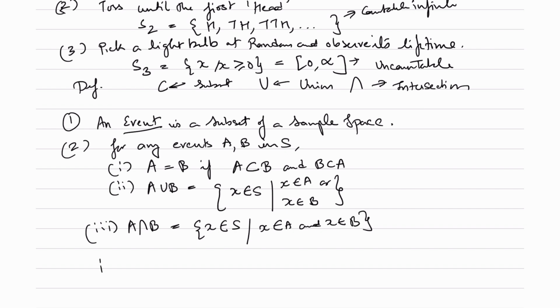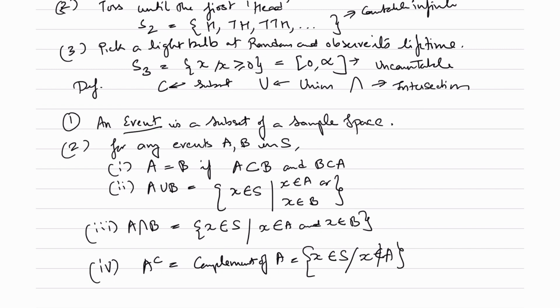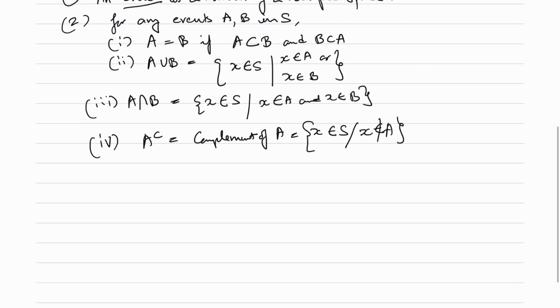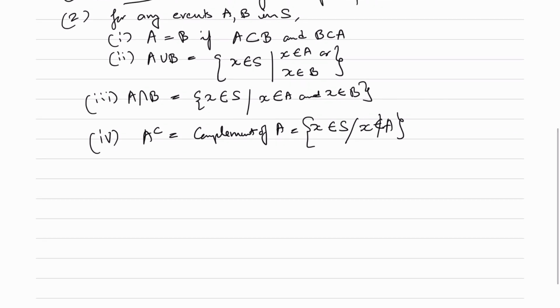There's something called A complement, which is the set of x in the sample space where x is not an element of the event A. It's anything outside of the event. The other thing you'll see is the Venn diagram.